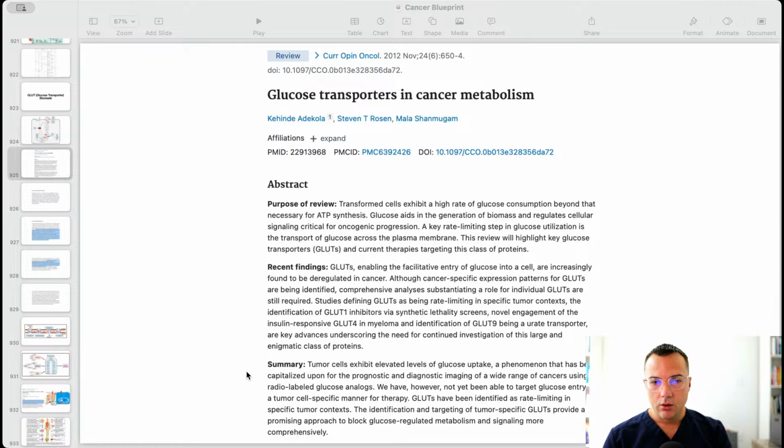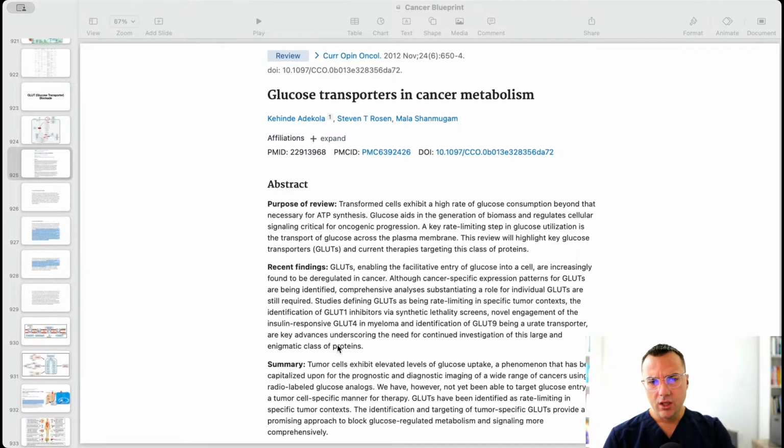However, we have not been able to target glucose entry in a tumor cell specific manner for therapy. GLUTs have been identified as rate limiting in specific tumor contexts. The identification and targeting of tumor specific GLUTs provide a promising approach to block glucose regulated metabolism and signaling more comprehensively.